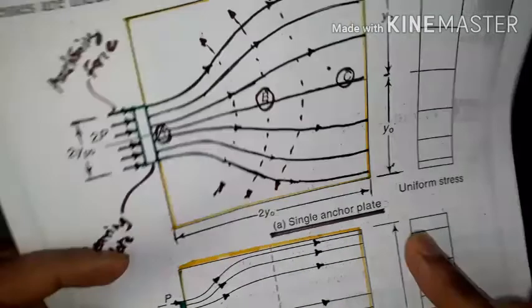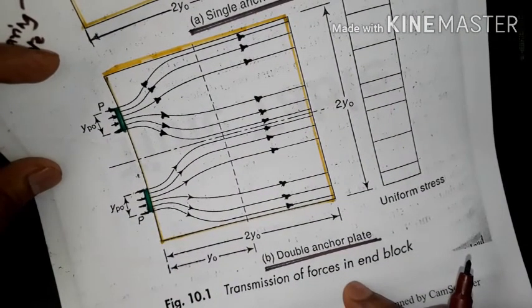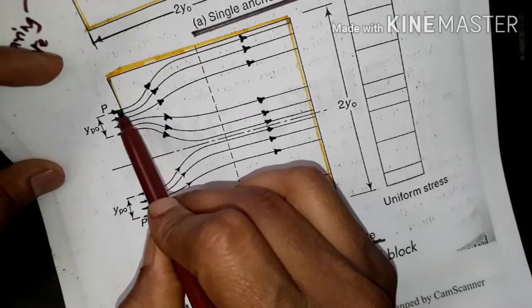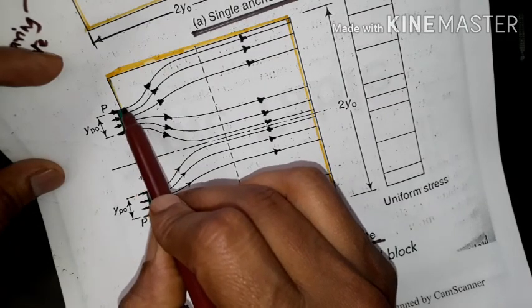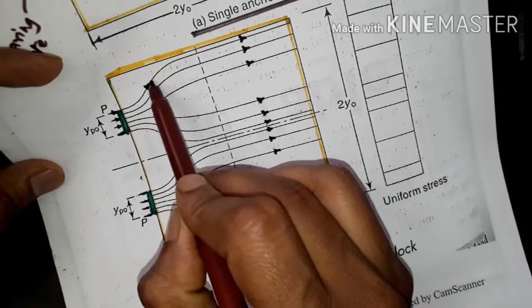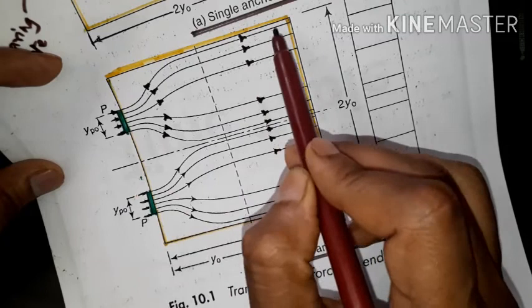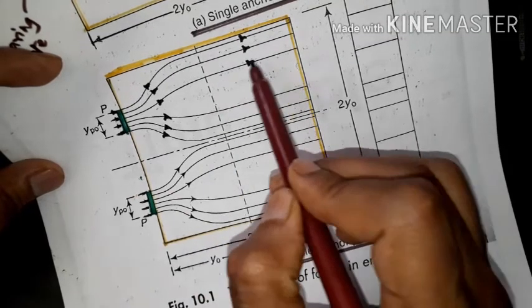If it is a double anchor plate, it will become like this. Again you can see the flow of force is deflected here. Up to this point it was deflected, and from this point it is again straight and parallel.